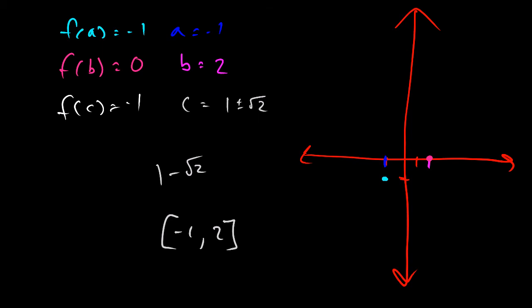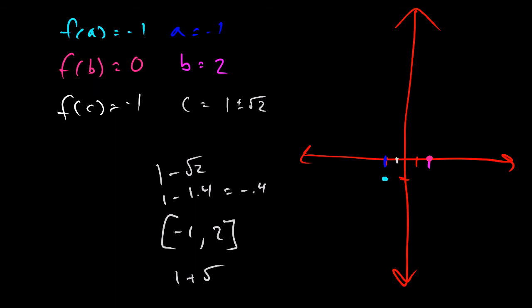Alright, some quick calculation on the calculator. Square root of 2 is 1.4, so it's 1 minus 1.4, which equals -0.4, not outside our interval. I lied. So we're at -0.4, so there's a c value here, and then 1 plus 1.4, that's what's outside.